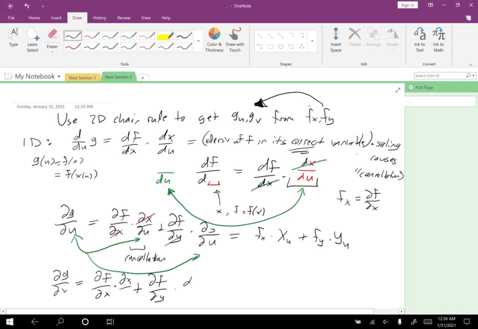Surely I need cancellation, so dy d something. And now, in order to match that v, I will put a v here, and I will put a v here. That's it. That's all there is to this. So let me just write lazy notation: f_x x_v plus f_y y_v. Okay? That is the 2D chain rule.